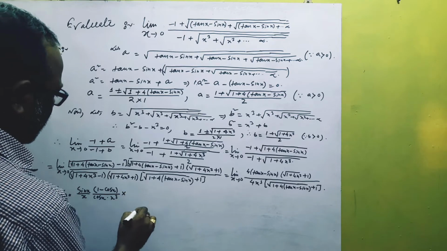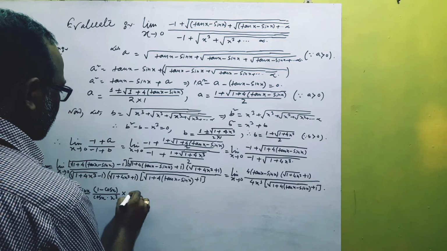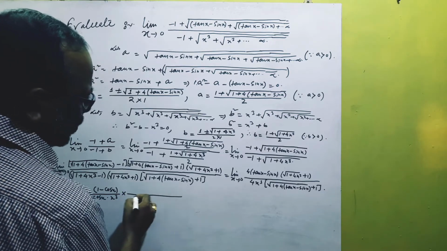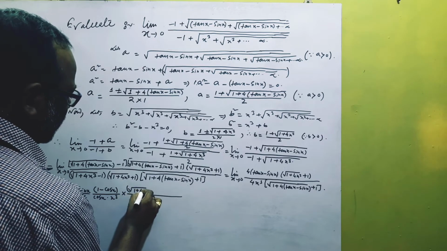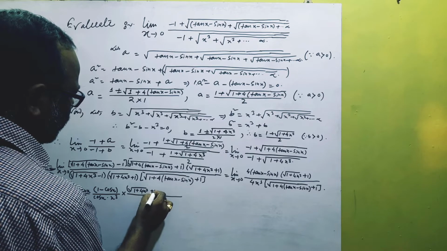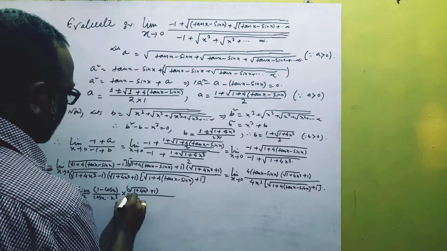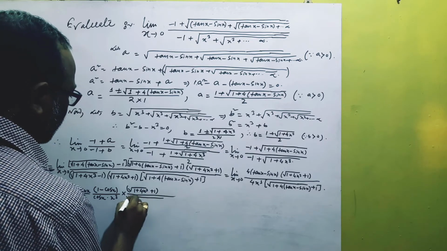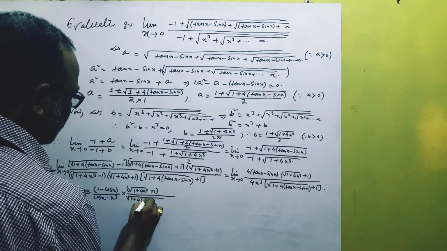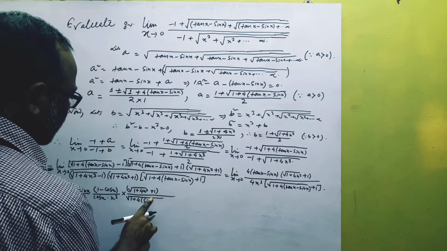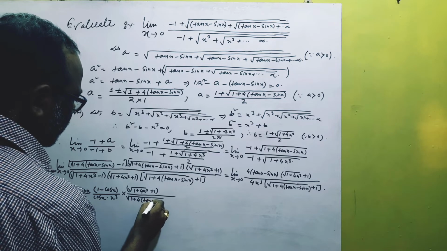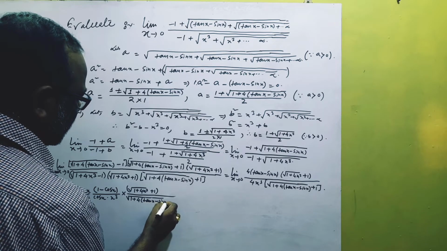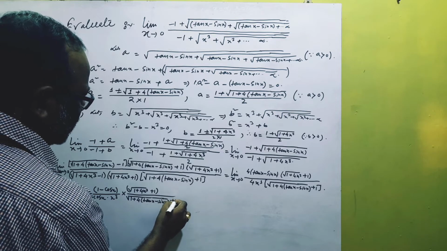And the other factor is √(1 + 4x³) + 1 over √(1 + 4(tan x − sin x)) + 1.